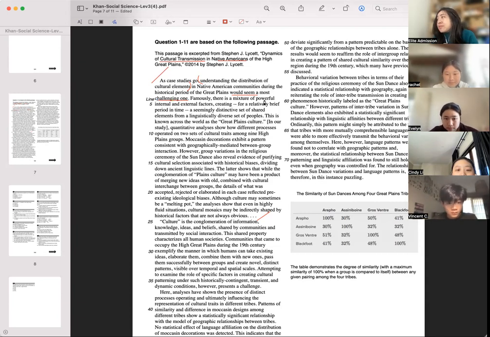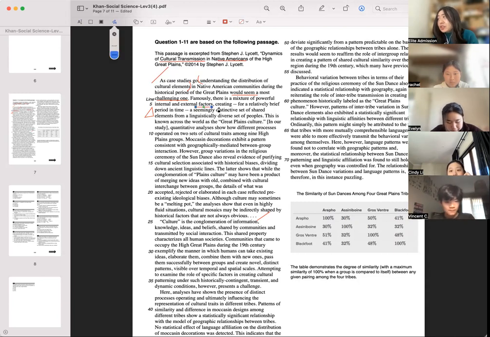Famously, there is a mixture of powerful internal and external factors, creating a similarly distinctive set of shared elements from a linguistically diverse set of people. Does that make sense? Right, so hold on to this background information and try to get your head around these new concepts.